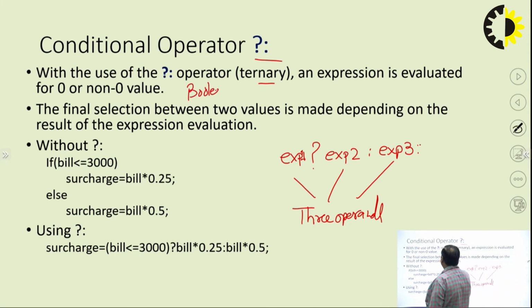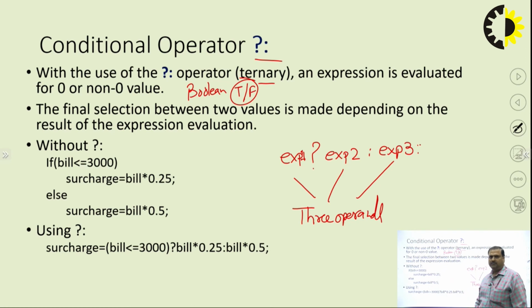Direct Boolean type true or false are not available in C, so we check with the help of 0. The final selection between the two values is made depending on the result of the expression. If its value is true, then this value will be final. If it is false, then this value will be final.